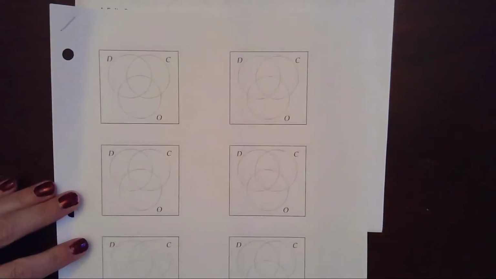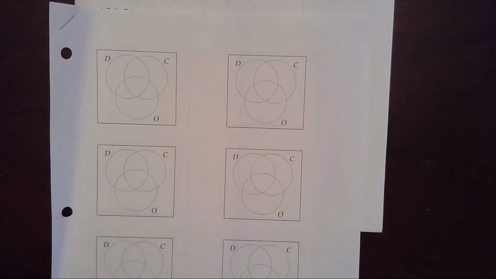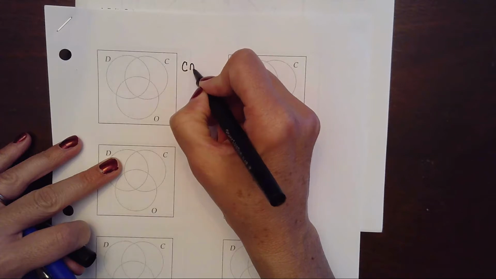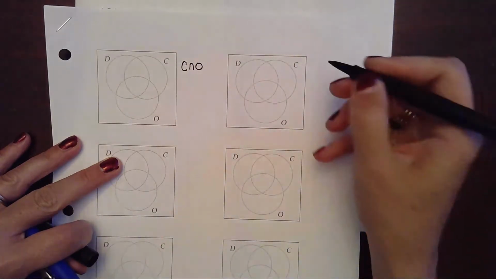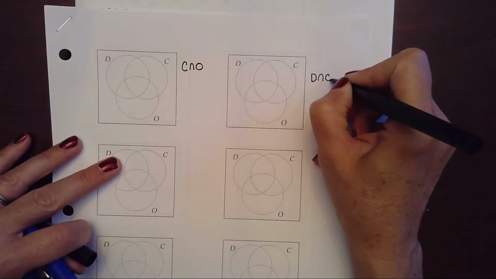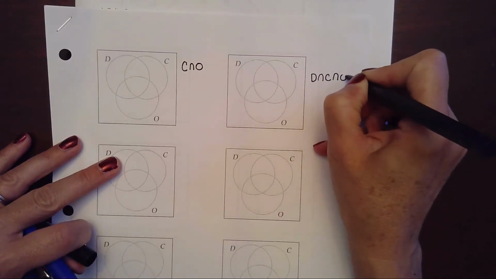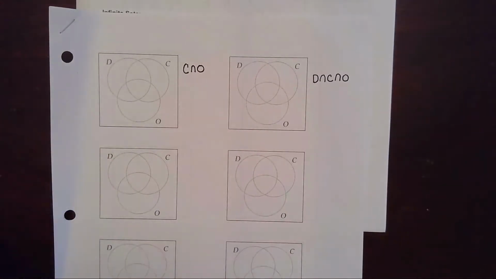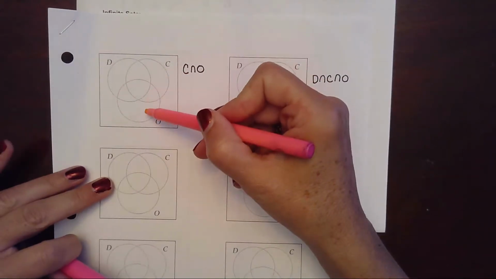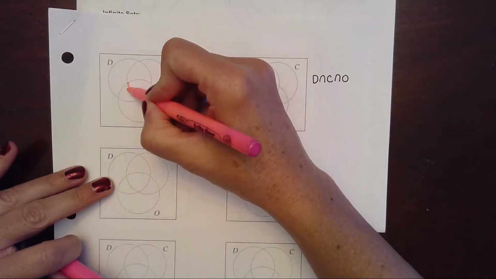Okay? So let's turn to a set of Venn diagrams, and we're going to look at what C intersect O would look like, and then a pretty common one is D intersect C intersect O. All right? So C intersect O means that you want the elements that have in common not only C, but also O at the exact same time.